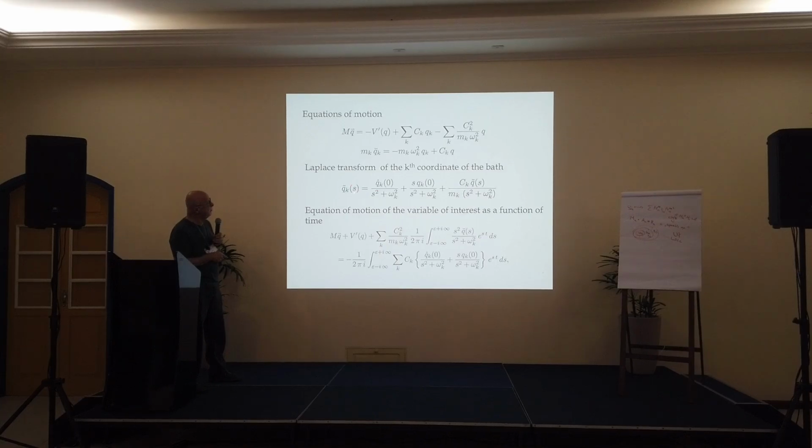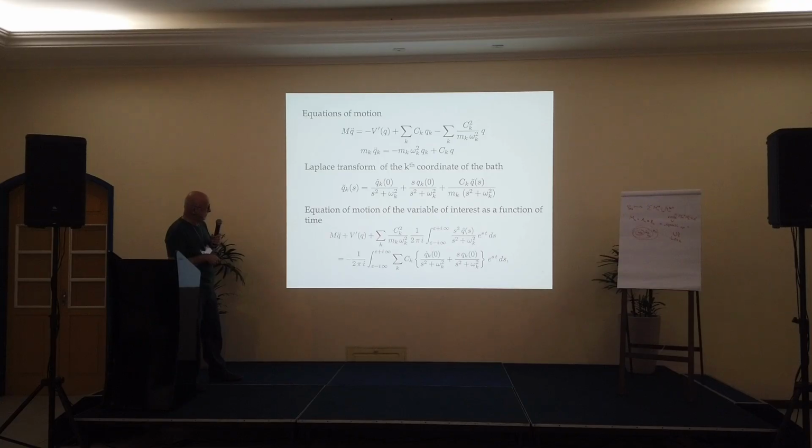And now, what I'm going to do is to plug it back into the first equation in this Q here, but then I have to take the inverse Laplace transform to put it back there. So I have an effective equation of motion here that reads something like that.